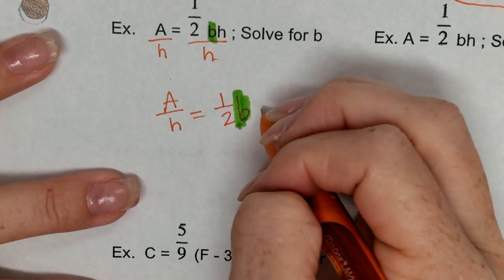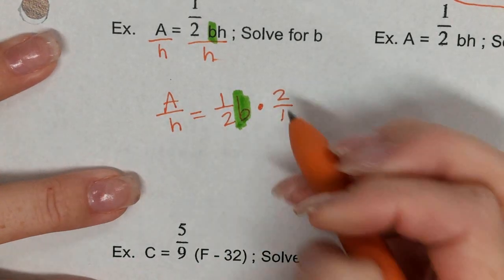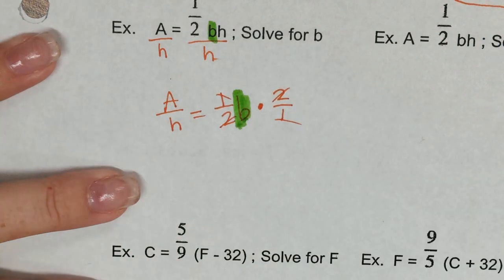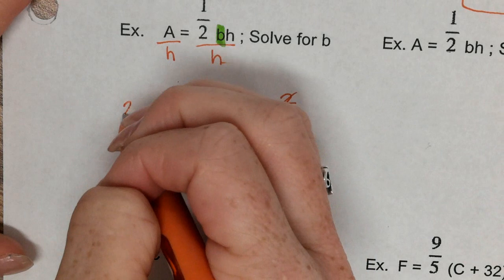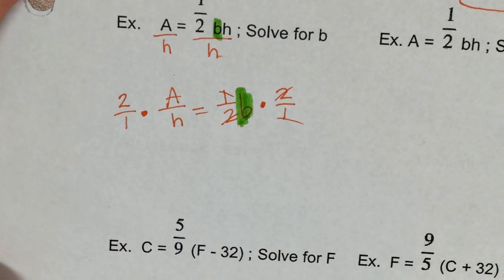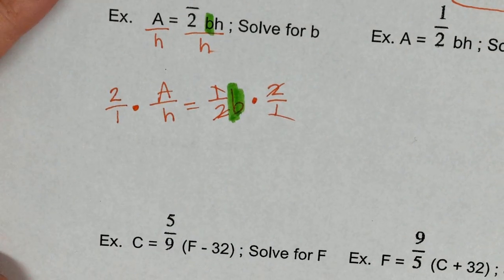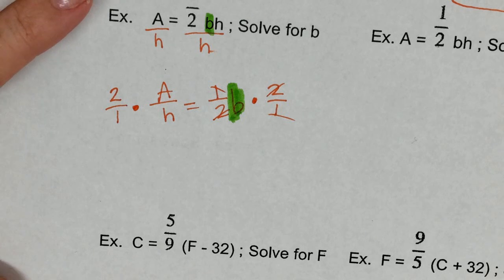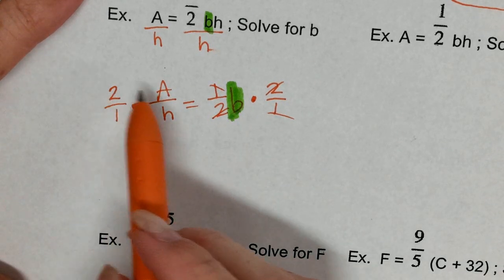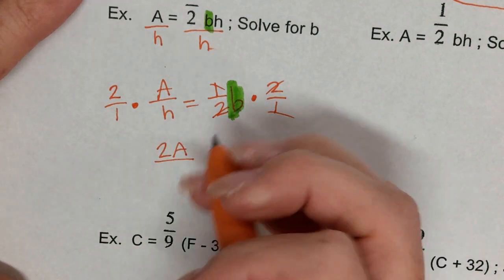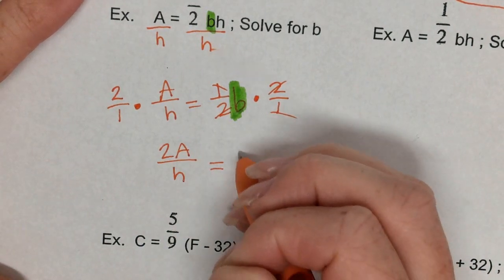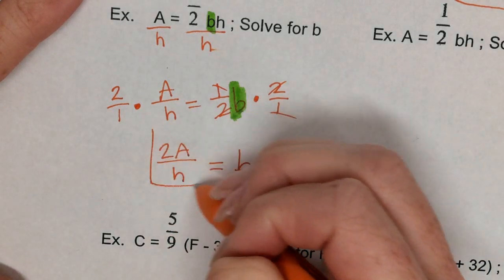So I go like this, times 2 over 1. It's going to cancel out. But if I do the right times 2 over 1, I have to multiply the left by 2 over 1. I'm left with, multiply straight across, 2 times A is 2A over 1 times H is H, and that is equal to B.